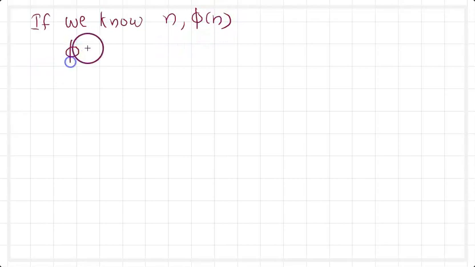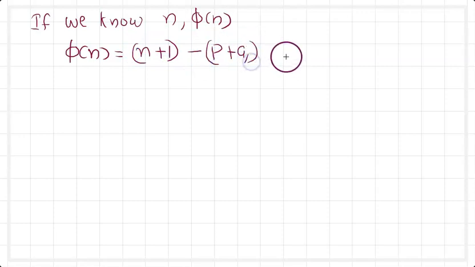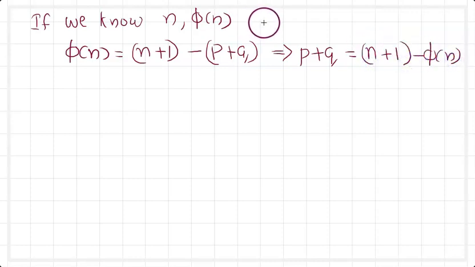We can use the formula we derived earlier, that is phi of n is equal to n minus 1 minus (p plus q). From this, we can find the sum of p and q, which will be equal to n plus 1 minus phi of n. Here, recall that p and q are our unknowns.